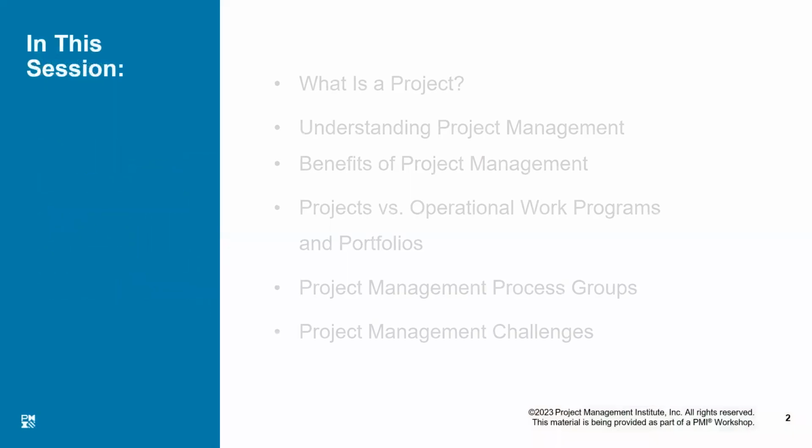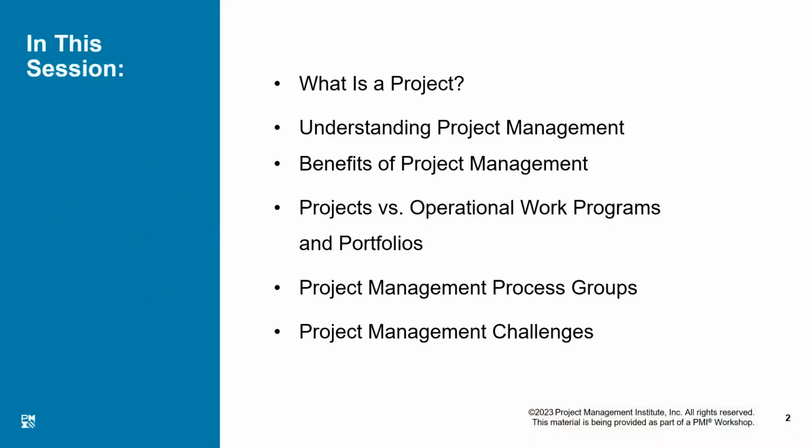The CAPM course is deep in fundamental knowledge about the profession. What is a project? Understanding project management, the benefits of a project, and projects versus operational work, programs and portfolios. Very good. The project management process groups are mentioned, and the project management challenges are equally explored.